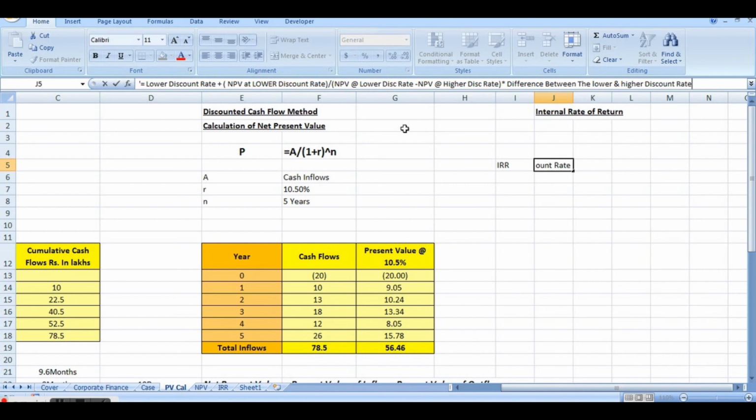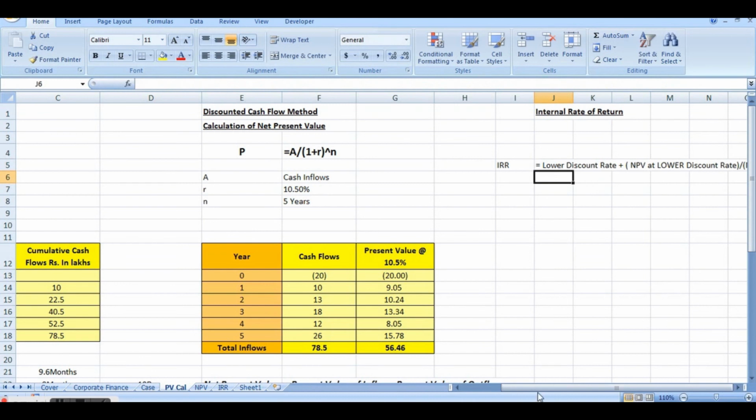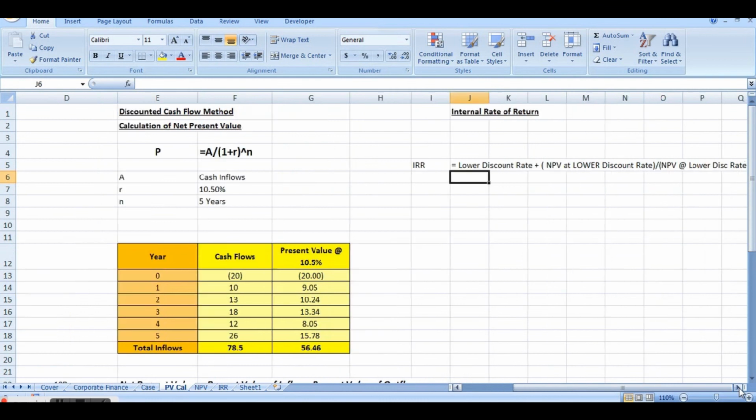And in positive signs, say for example, if you are using 10 and 15, the difference will come here as 5, and that will give you the internal rate of return.